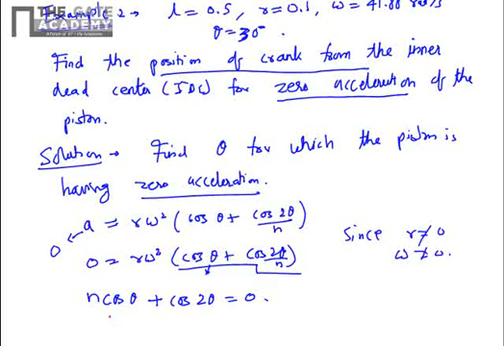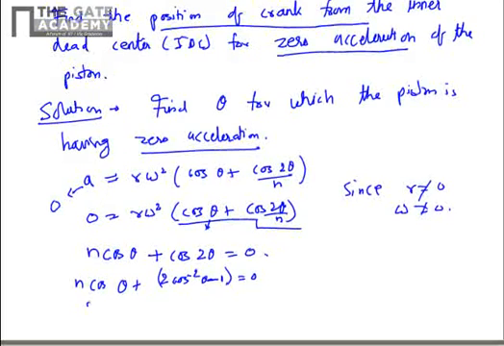So cos 2 theta, we use the simple trigonometric identity, is equal to 2 cos square theta minus 1. We will get 2 cos square theta plus n cos theta minus 1 is equal to 0.